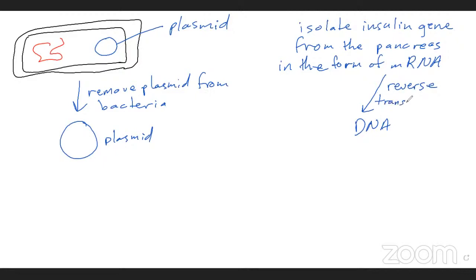The HIV virus has that enzyme, reverse transcriptase. We call the DNA complementary DNA. So if you see cDNA, that is copy DNA or complementary DNA. So you convert the messenger RNA into DNA.